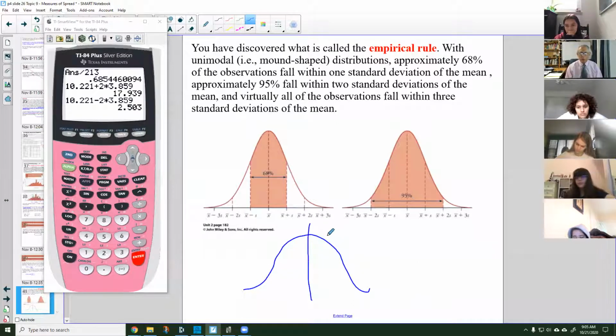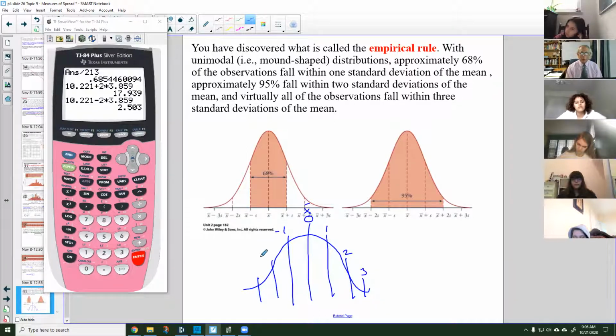I go 1, 2, 3 standard deviations positive, 1, 2, 3 standard deviations negative. Here is 0 standard deviations from the mean because that is the mean. Here's +1, +2, +3. Here's -1, -2, -3 standard deviations.